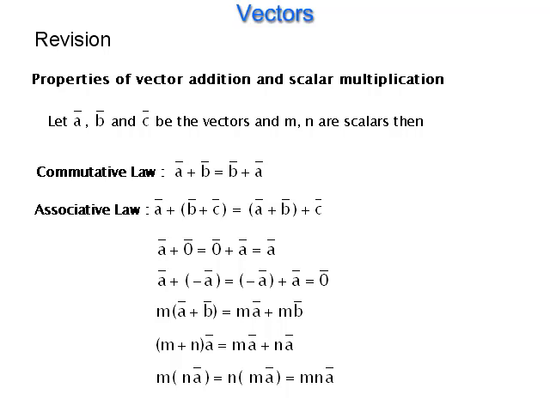A bar plus minus A bar equals minus A bar plus A bar equals 0 bar. M in bracket A bar plus B bar bracket complete equals MA bar plus MB bar. M plus N in bracket complete A bar equals MA bar plus NA bar. M in bracket NA bar equals N in bracket MA bar equals MN A bar.